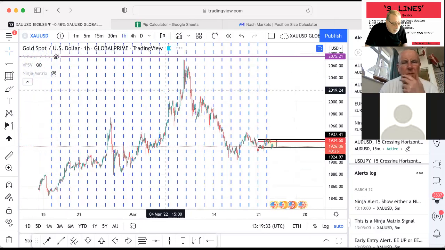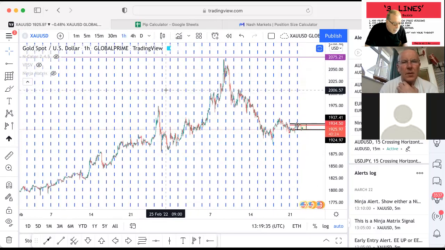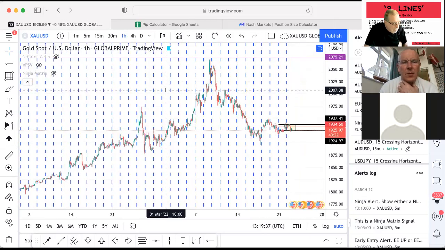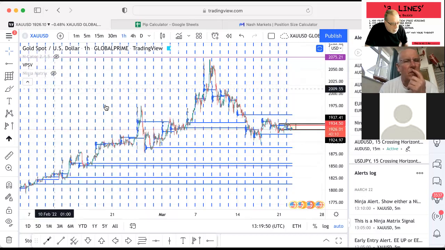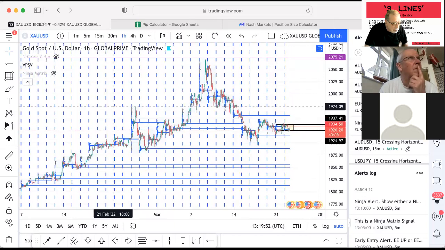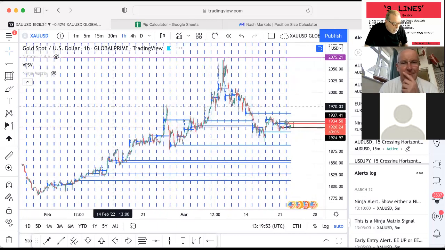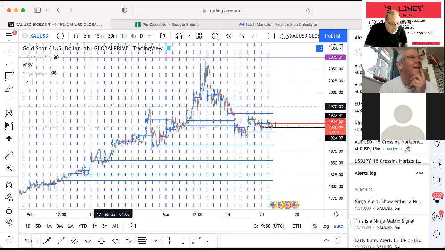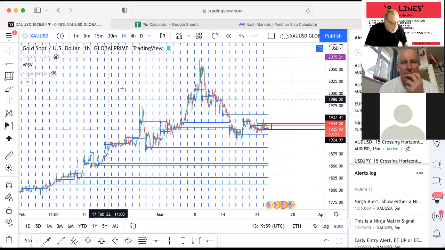And what I'm going to do now is, for anybody who's got a TradingView version, a paid for version, you can use this one here, which is a VPSV, which is a handy little tool that puts on the volume profile for each and every day. So that's giving me a bit more information about where price might go.